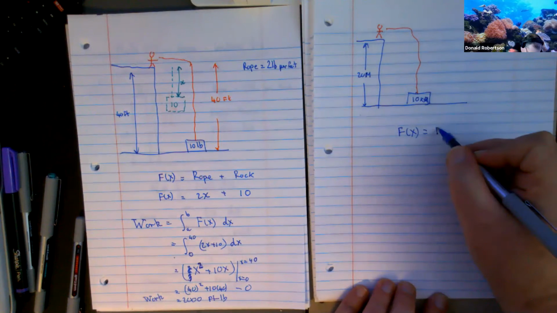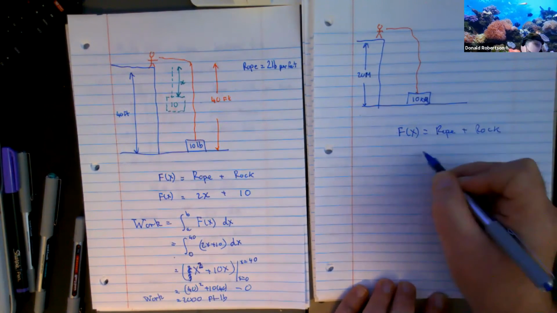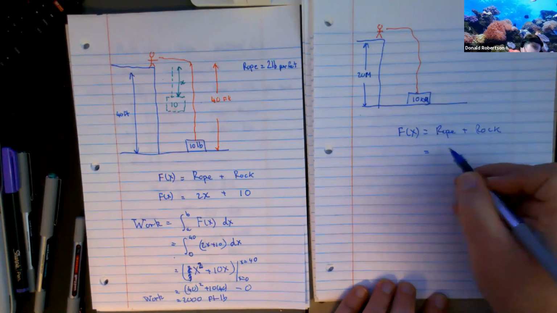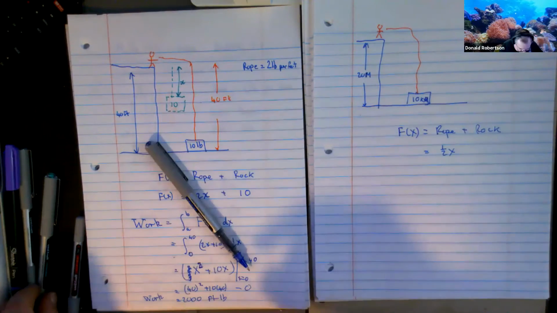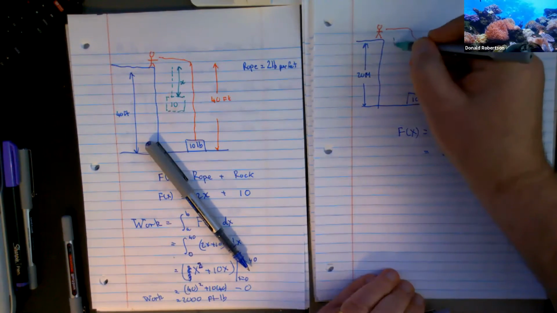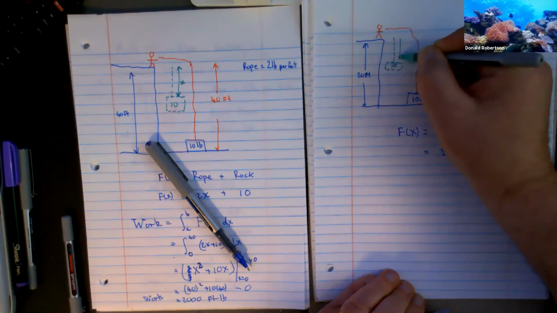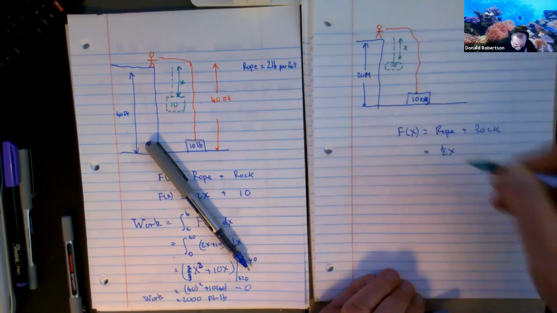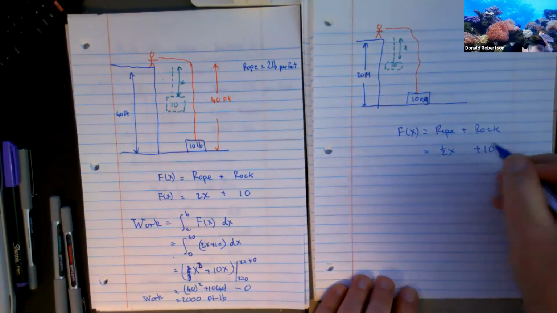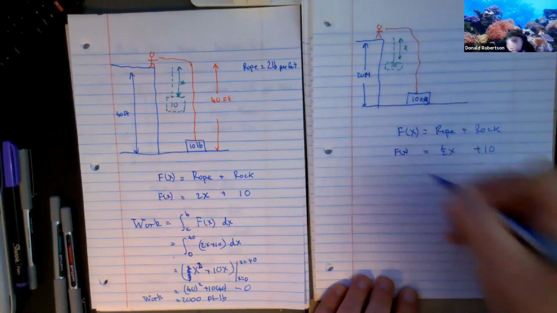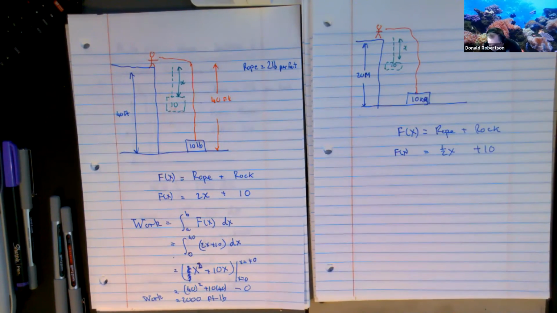It's going to be the rope plus the rock. Nothing major. The rope is 1/2 times that. So what's that going to be? 1/2 x. Imagine your little guy like this. 1/2 x. The rock is 10 kilograms. Everything is fine. Now, if the units were pounds, this would be the answer. This is the guy I would use.